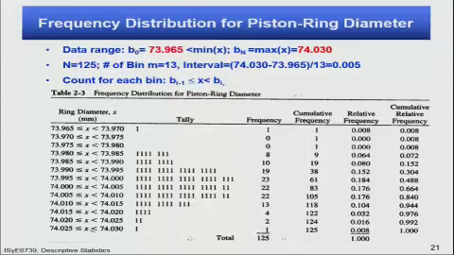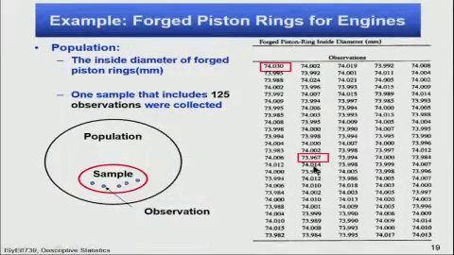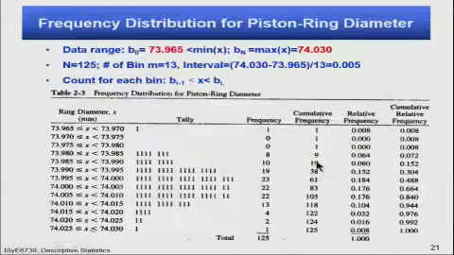If you look at the minimum number here, it is this guy, 967, after the decimal point. But I select 73.965 because I want to have neat intervals. You will see in a minute what I mean by that. So this is the range of data. My data are distributed in this range.